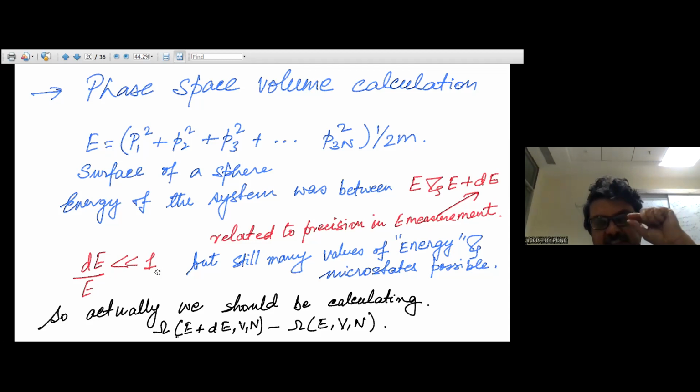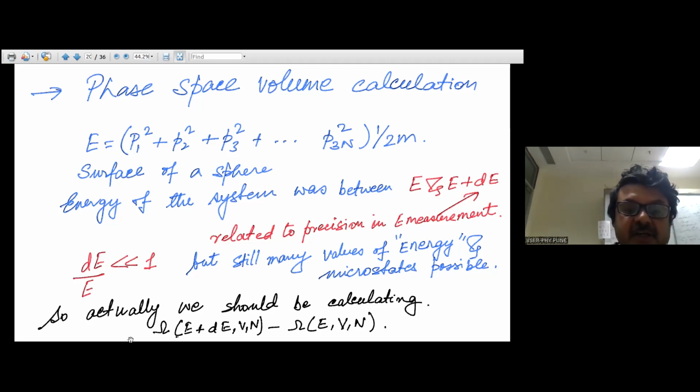So it's a very thin shell. It can explore any value of momentum within that thin shell, such that the energy is between E and E plus dE. So the phase space volume that we should be calculating is actually the volume of that shell, because there can be many different values of energy and corresponding microstates possible.